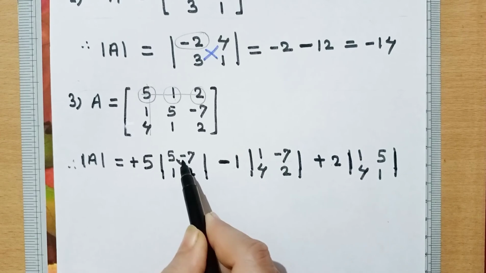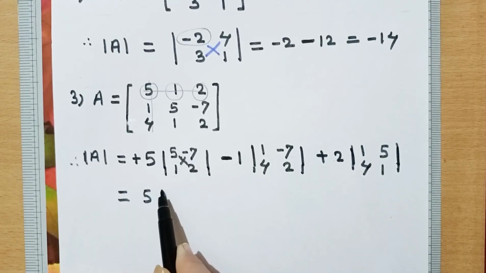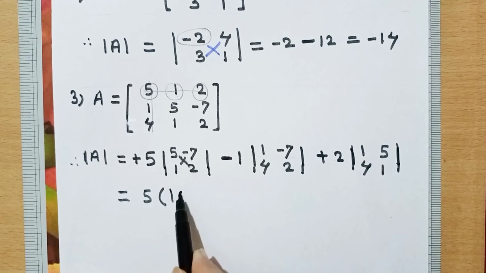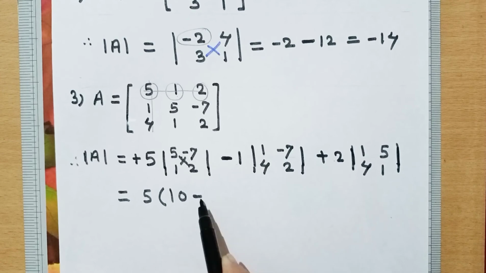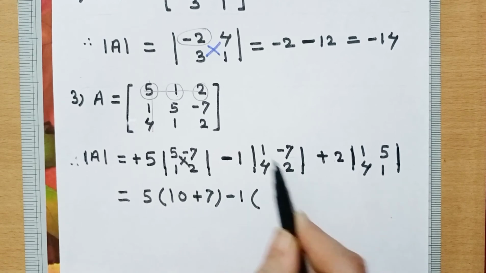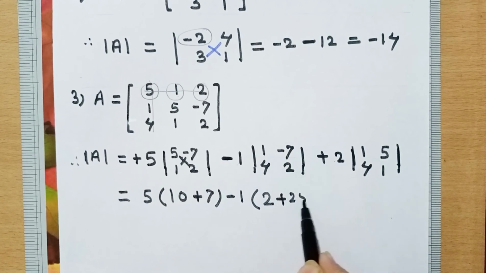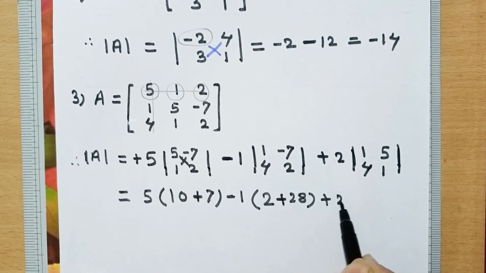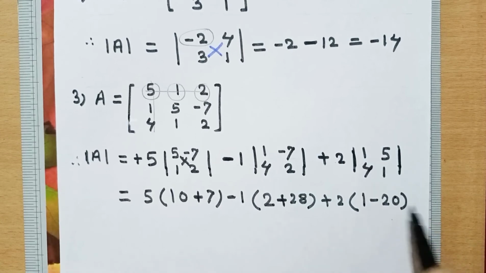Cross multiply. First consider this number. So 5, and here 5 2s are 10 minus 7 1s are minus 7. So this minus and this minus make plus. So here write down minus 1, here 2 1s are 2 and minus 7 4s are minus 28, which will become plus 28. Then plus 2, and here 1 1s are 1, 5 4s are 20.